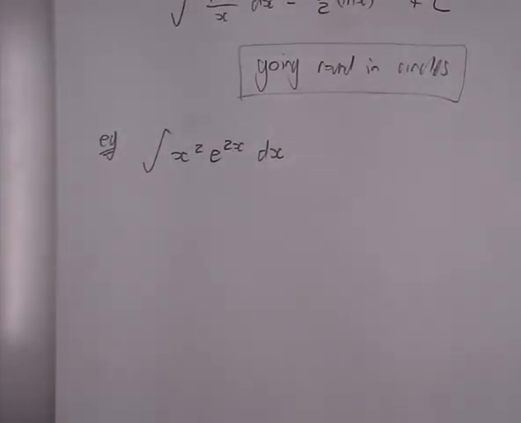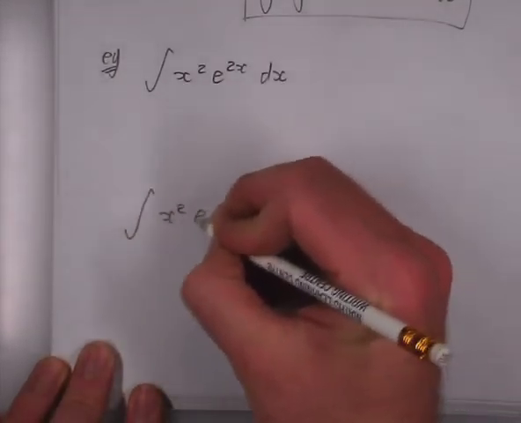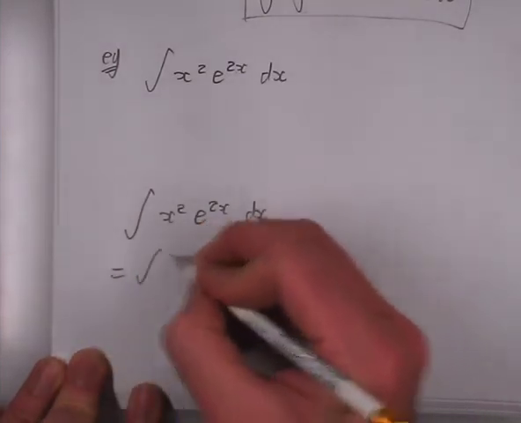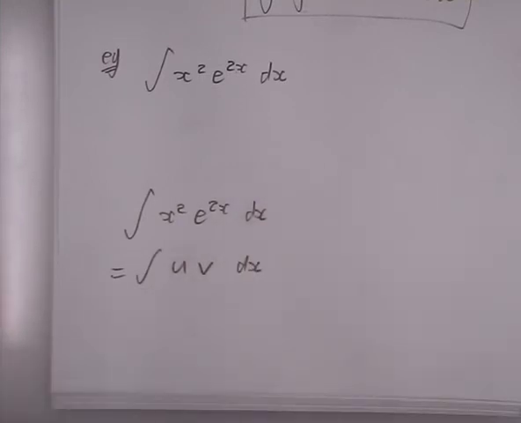So the final example of integration by parts is this one I'm going to do, and the same trick as always, I'm just going to give myself a little space to talk about the u's and v's.